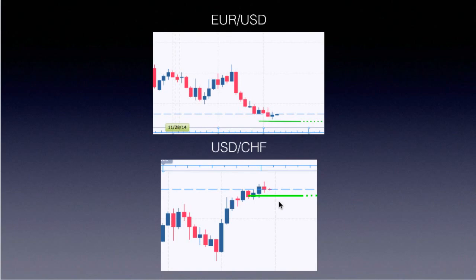Just because a pair moves pretty much in the same direction as another pair or opposite, it doesn't mean necessarily that those pairs are the right ones to use together. There's some other factors involved. But I just wanted you to understand the concept of what we're doing.